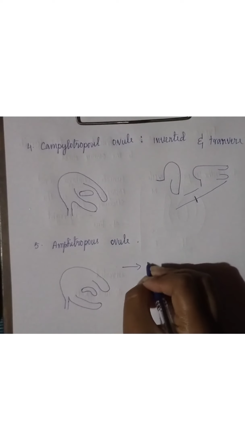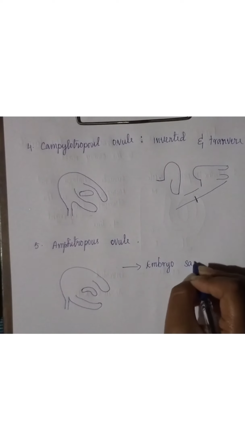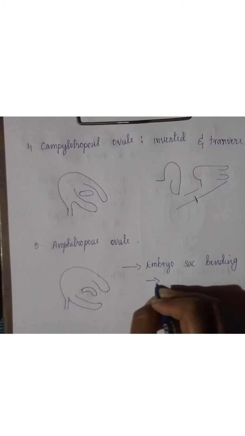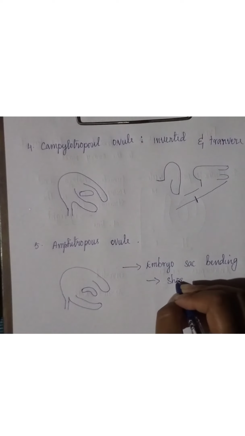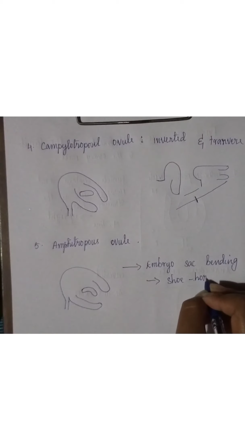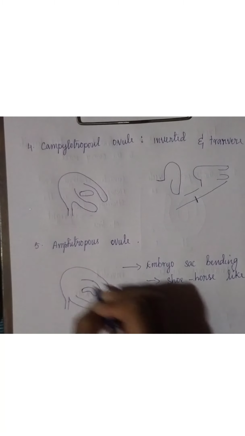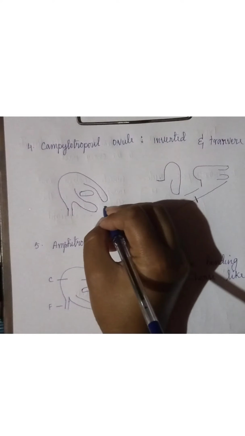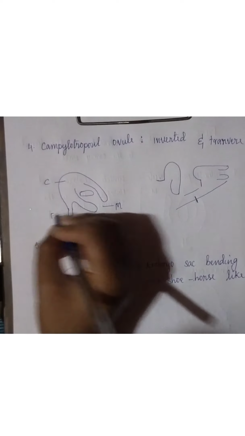So the embryo sac is bending and shoe-like, horse-like. Here also is the micropyle, the chalazal, and the funicle.